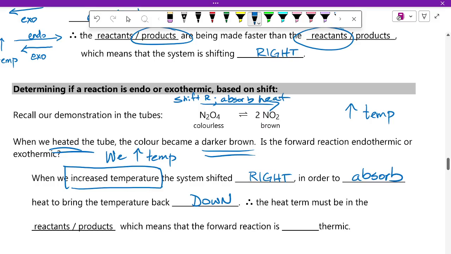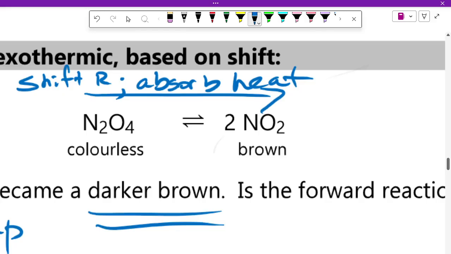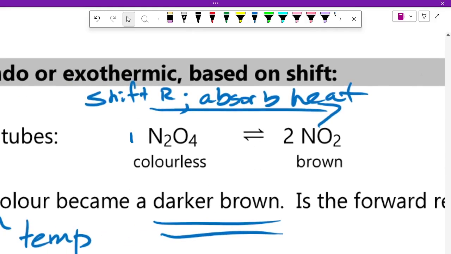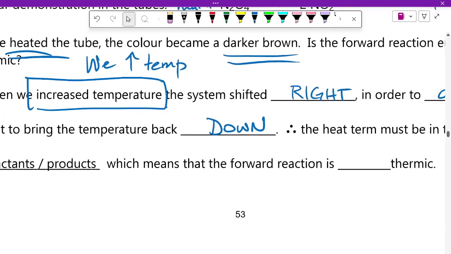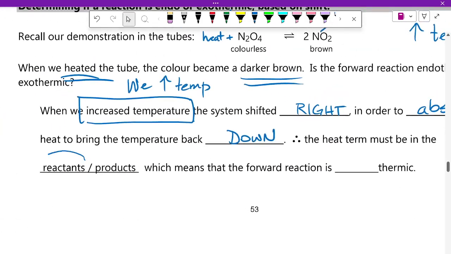Where is the heat term? If we're absorbing heat, heat has to go in. Yeah? So the heat has to be in the reactants, which means the forward reaction is endothermic.